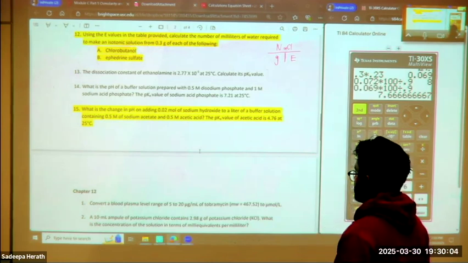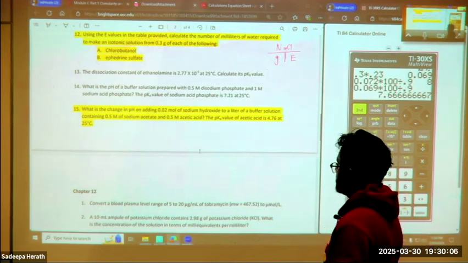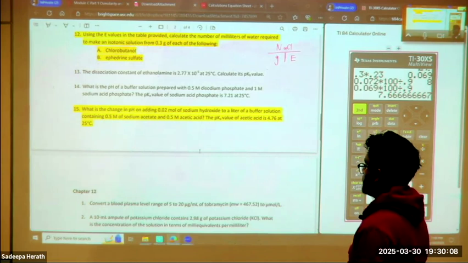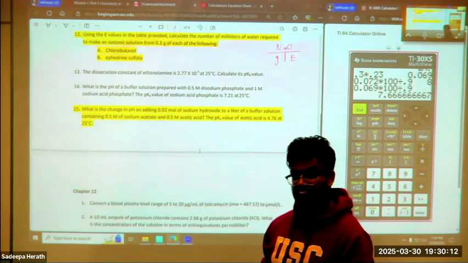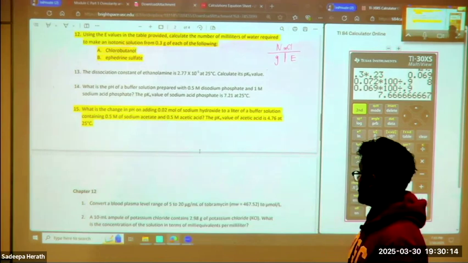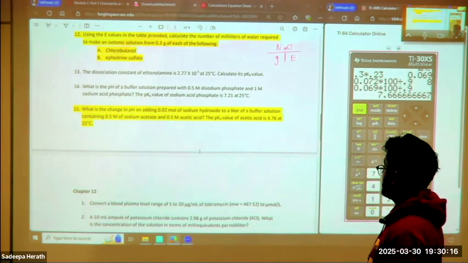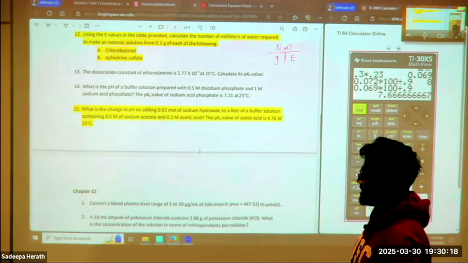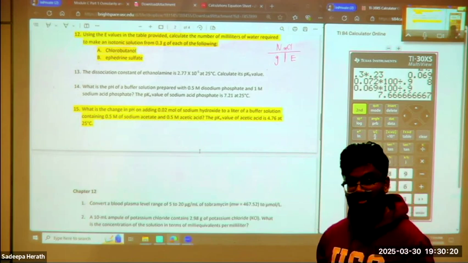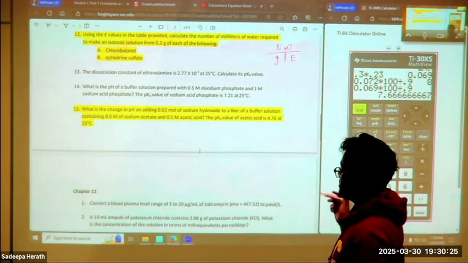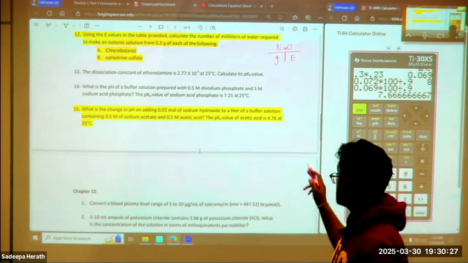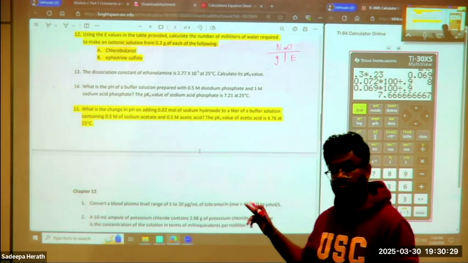Okay, so we're looking for a change in pH. We're given a pKa, and then these strengths of an acid and the salt that is formed from that acid. And then what's changing the pH is that base, sodium hydroxide.